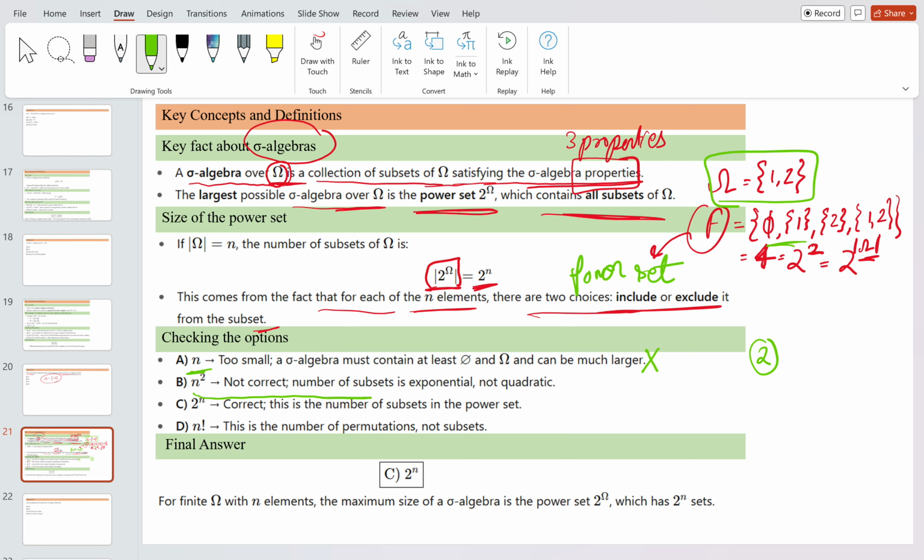N squared is not correct, because the number of sets is exponential, not quadratic. 2 to the power n is actually correct, which we have already seen, and factorial is not permitted. So the correct option is 2 to the power n. It means that for a finite omega having n elements, the maximum size of the sigma algebra which is possible is equal to 2 to the power n sets.